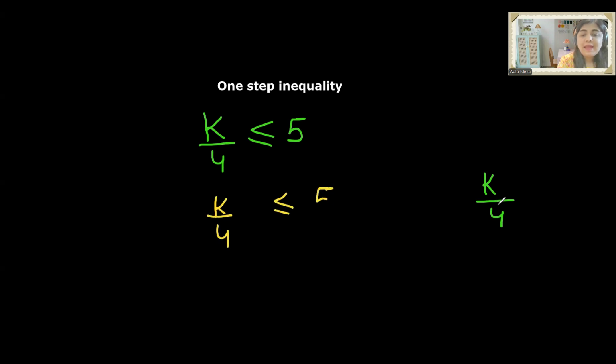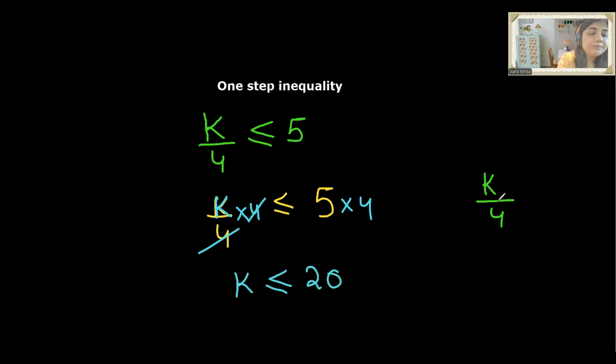If I want to find the value of k, I want to get rid of this 4. To get rid of this 4, I will multiply by 4 on both sides. When it is in division, the inverse of division is multiplication. So you will multiply by 4 on both sides. So 4 and 4 will cancel out. What you will get? k is less than or equal to 20.